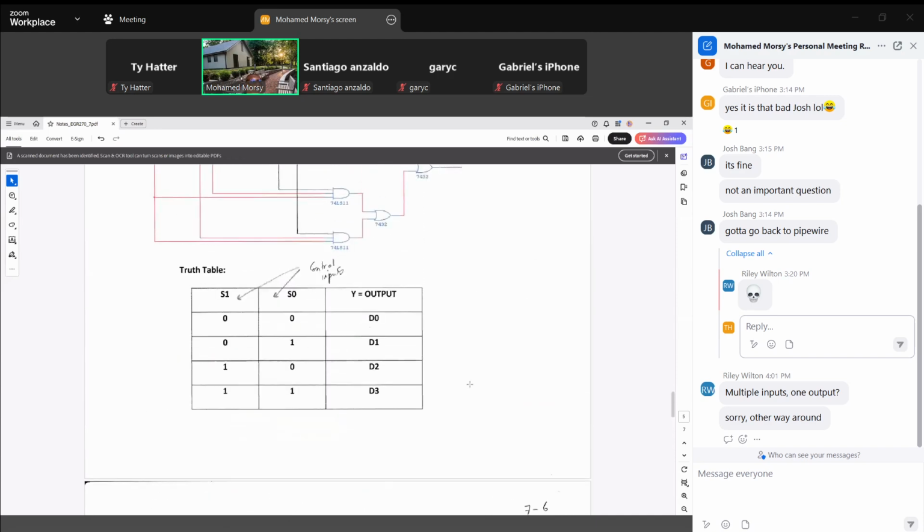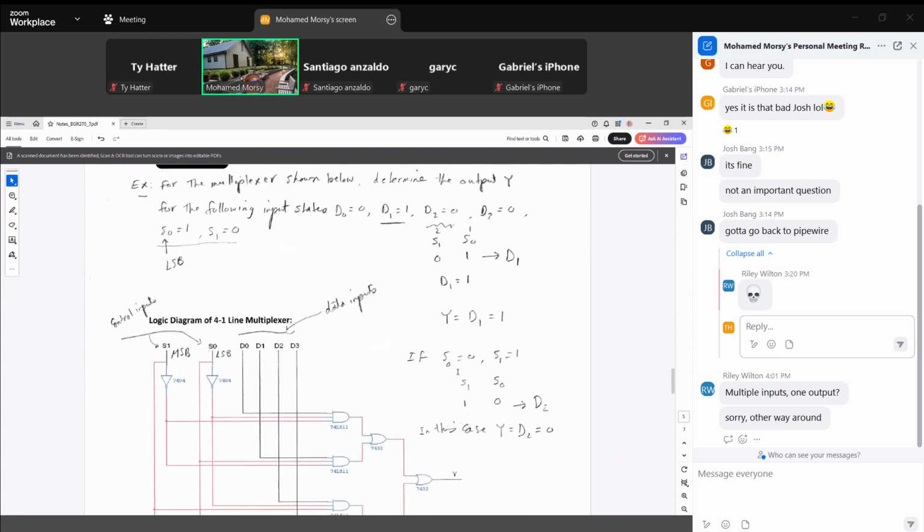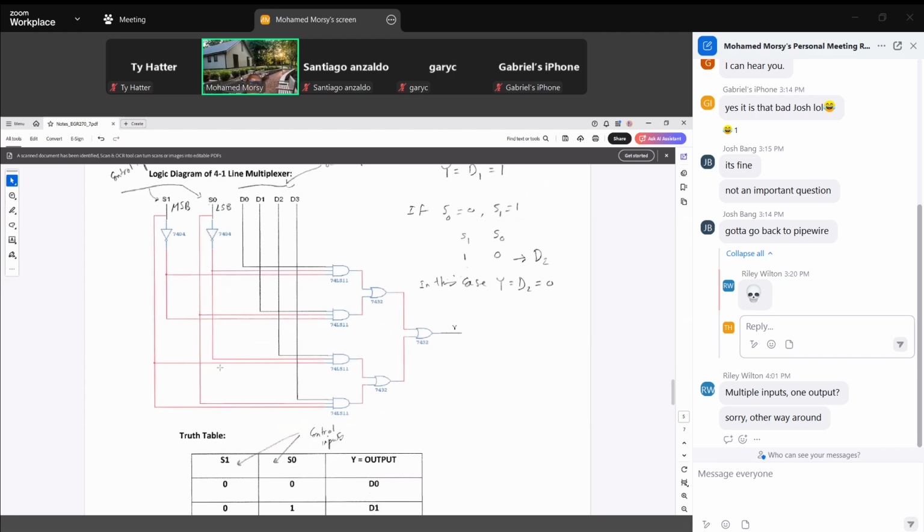Before, we have multiple inputs and one output. Based on S0 and S1, or control inputs, because it may be more than S0 and S1, maybe S2, S3, if we have more inputs, based on the type of multiplexer. So based on the control inputs, one of the data inputs is selected to appear at the output.